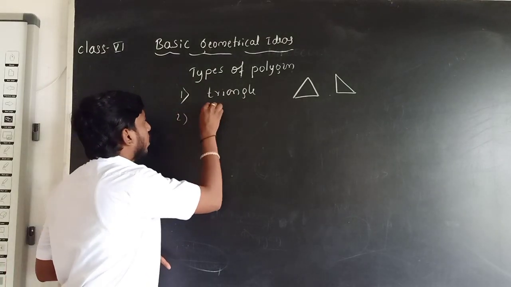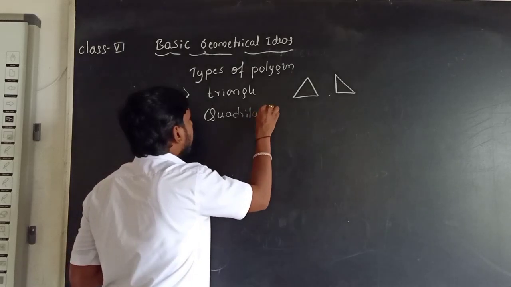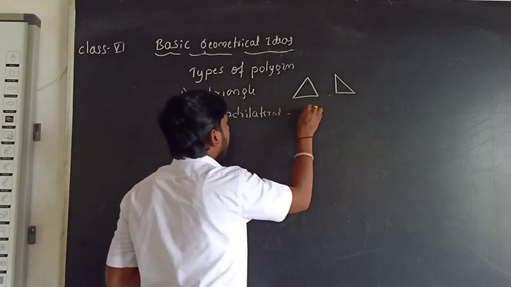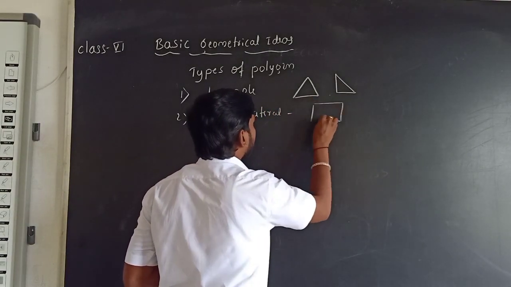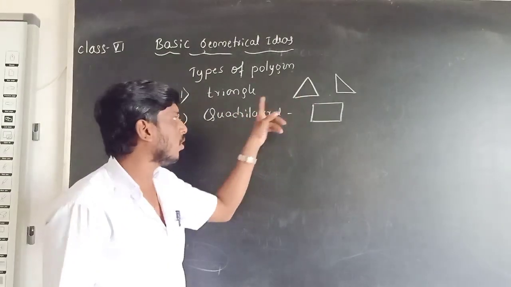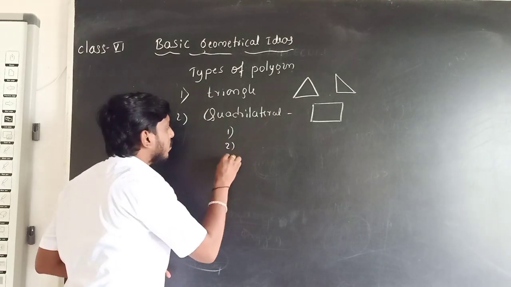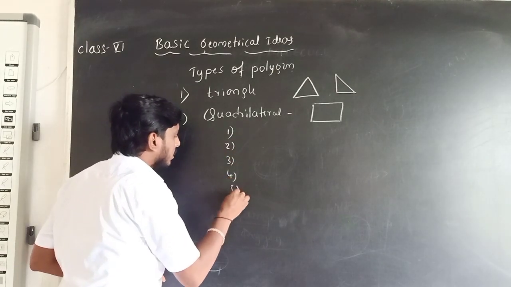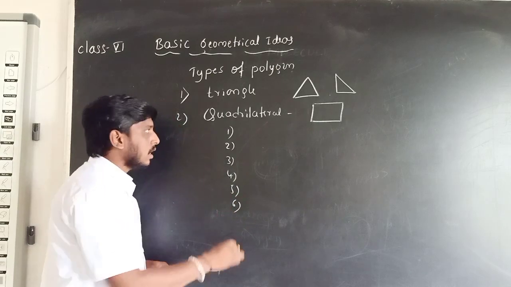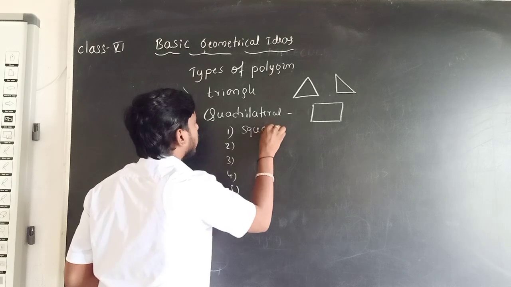Next one, quadrilateral. What do you mean by quadrilateral? The polygon containing how many line segments? Four line segments, like that. So here it is a closed figure made up of only four line segments. It is called quadrilateral. In quadrilateral, six types will come. First one is square.